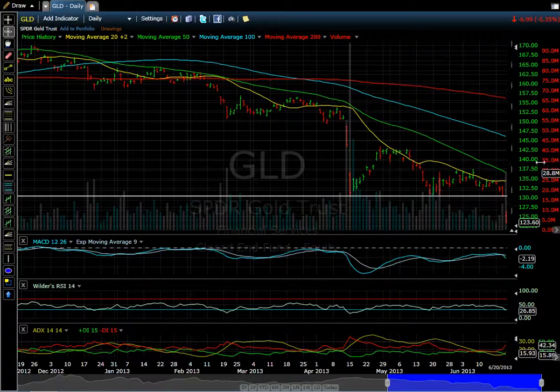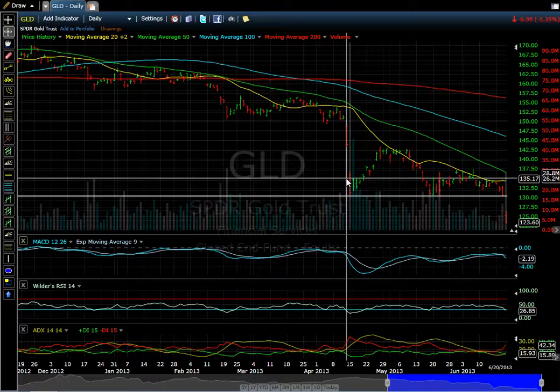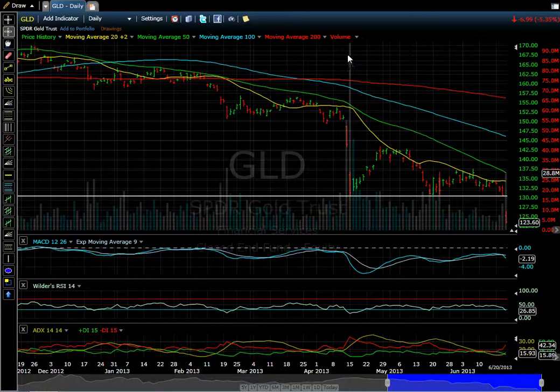volume. Look at the volume here from yesterday's sell-off: 28.8 million shares. That's huge, especially for gold. The last time we had a sell-off like that in gold was here in April. We actually had a very huge sell-off in gold, more than 90 million shares that day, because it broke a major support level and the stock just fell.